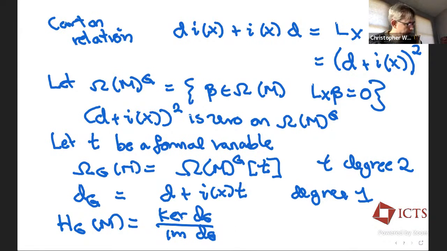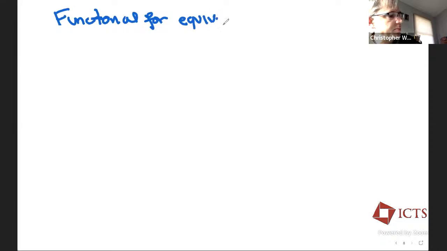And so this is functorial for equivariant maps. The usual way you prove this is by using the Cartan relation again.